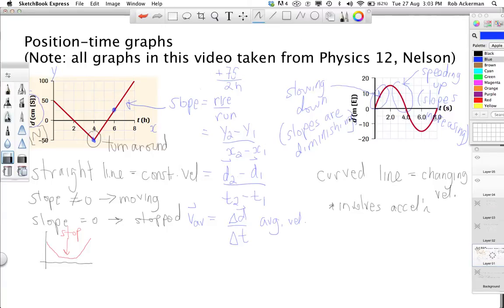So let's go back here and write centimeters. And of course I was heading from the north to the south, so I'm actually heading south here. 75 over 2 is 37.5. So that's telling me that in here I've got a 37.5 centimeter per hour south velocity. And that's an average. All right?